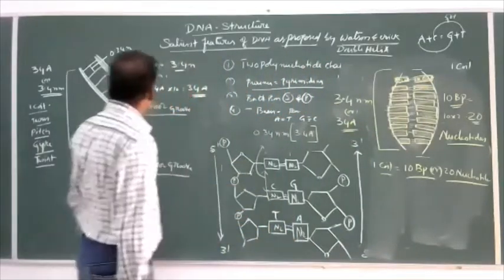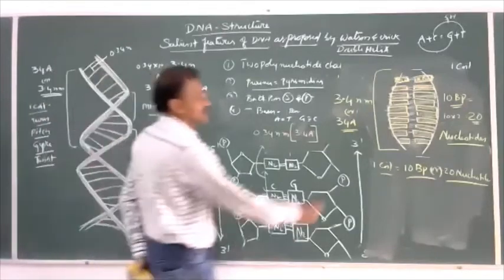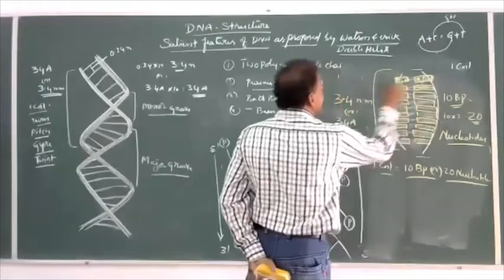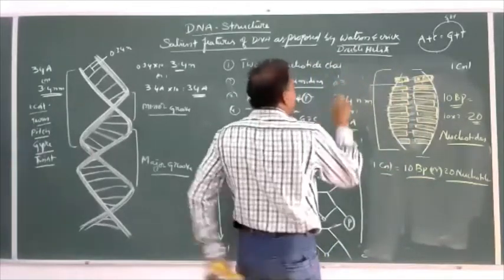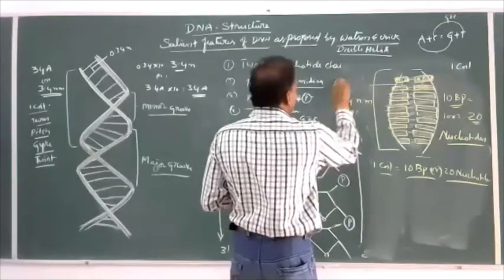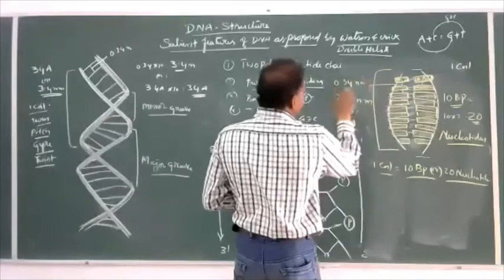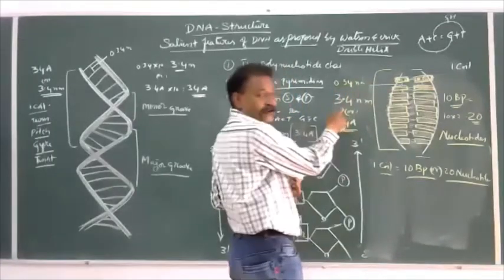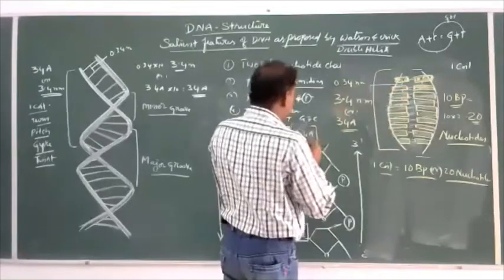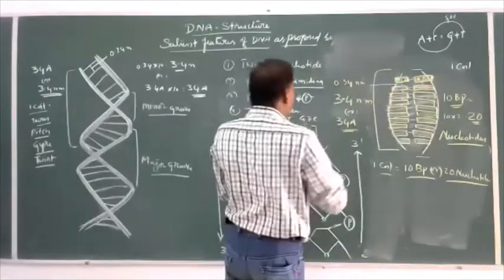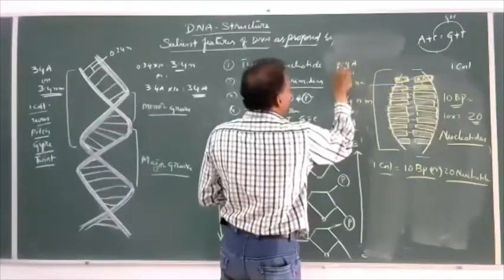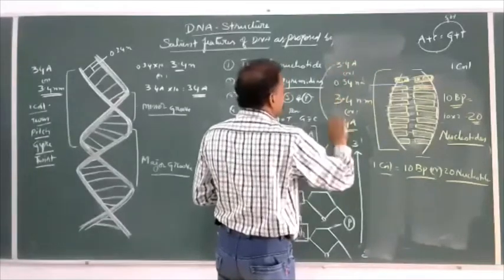Why is it 3.4 nanometers or 34 angstroms? The distance between every two base pairs is 0.34 nanometers. 0.34 into 10 gives 3.4 nanometers. The distance between two is 3.4 angstroms, and 3.4 into 10 is 34.